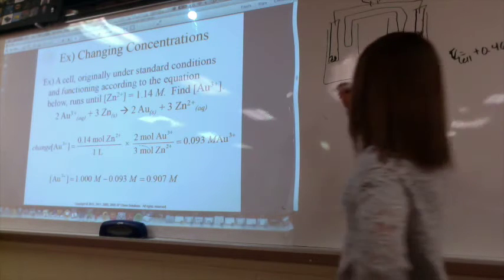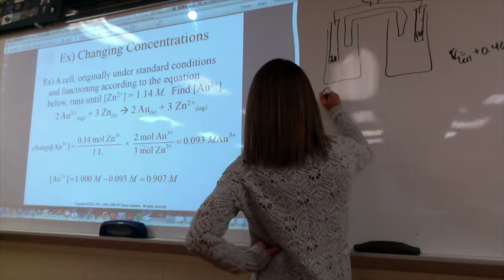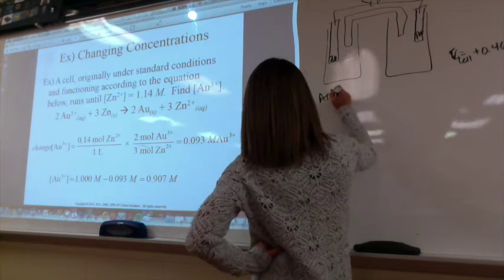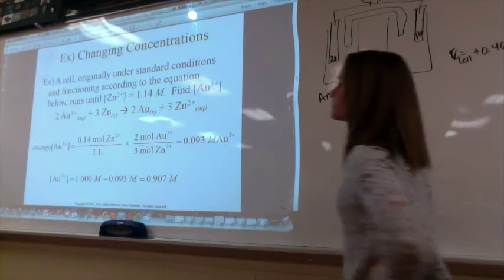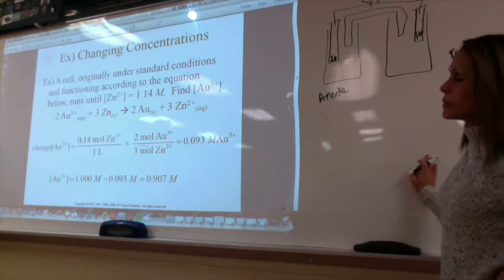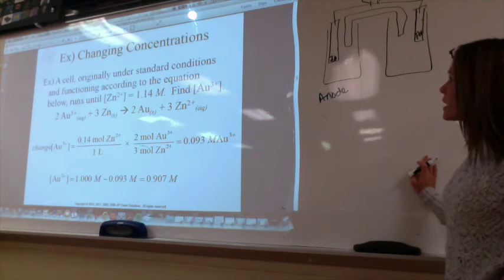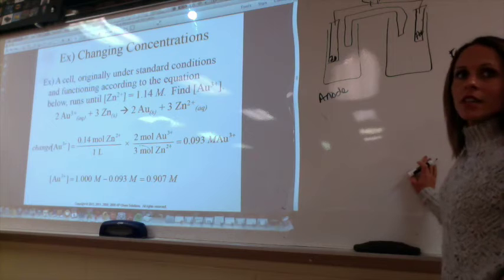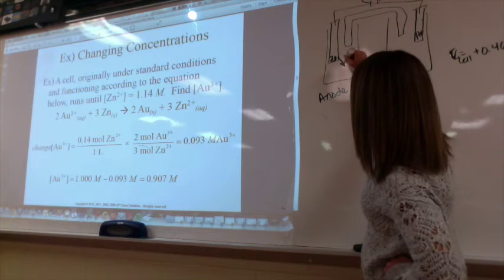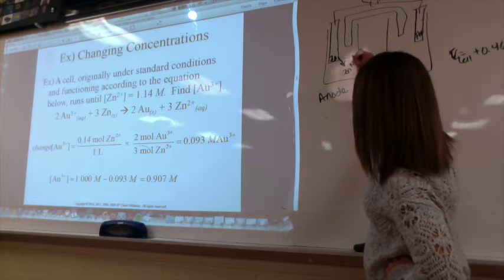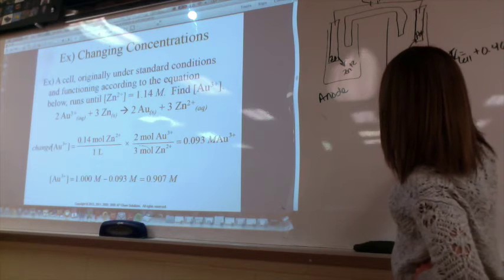All right, well, I'll pick one. Let's say that this is the anode. Well, it has to be the anode. So what am I going to write here? Yeah, it's oxidized. I am going to write oxidized, but what do I do here? Zn plus 2, and then this is Au plus 3.